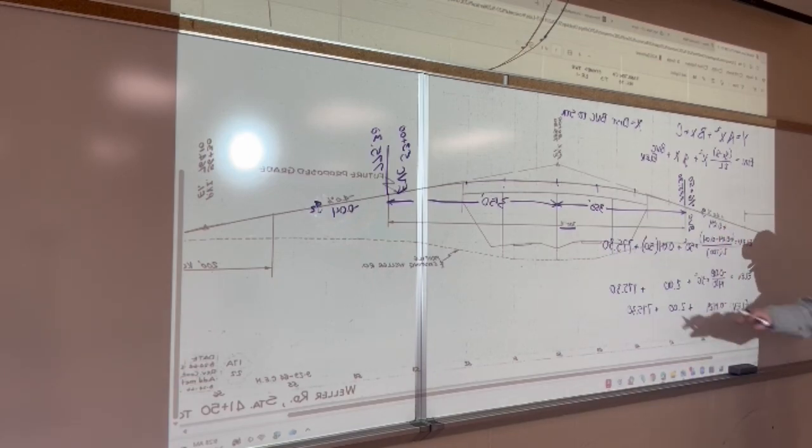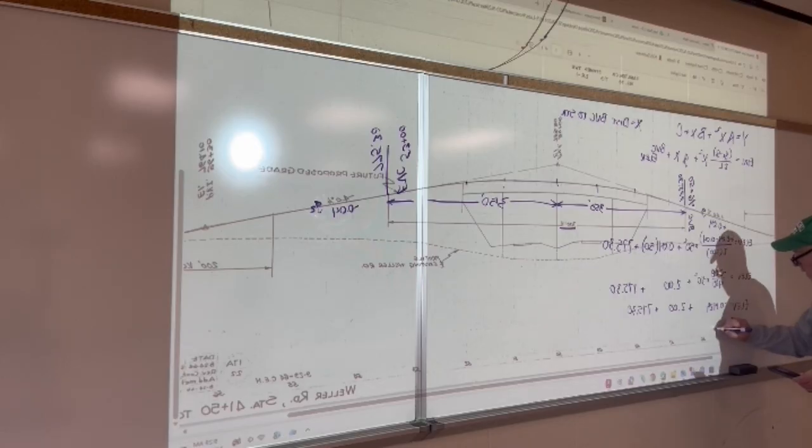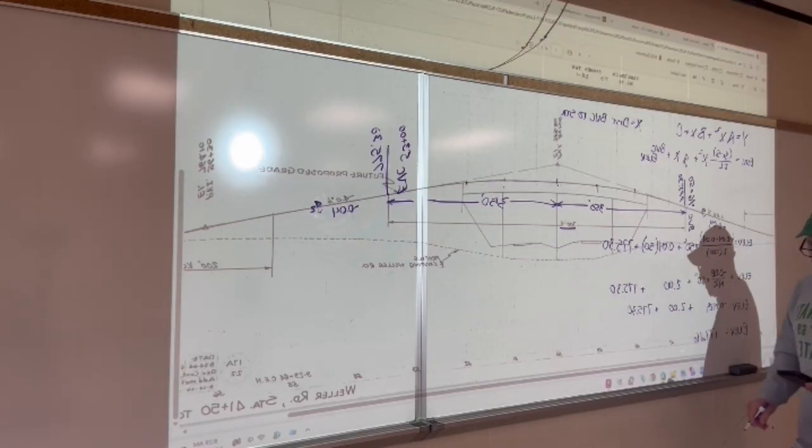All right, so I have all my numbers here. Let's add it all up. So if I add all this up, I come up with an elevation of 777.16, rounded.